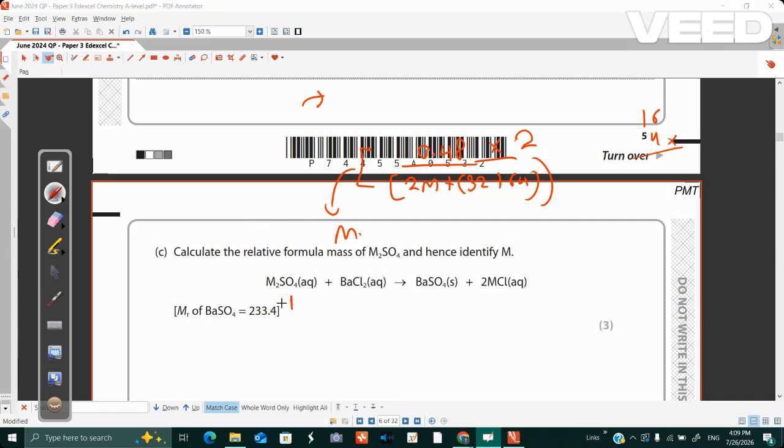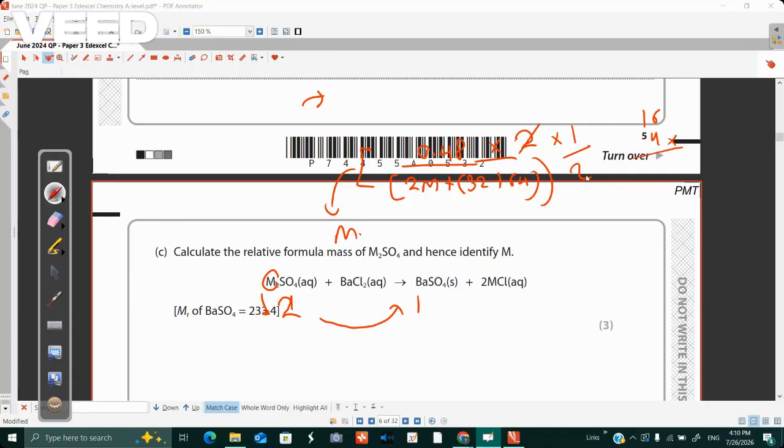With 2 moles of M, you can precipitate 1 mole of barium sulfate. So it means the ratio is 2 to 1. So half of this means this, right? So this is exactly the number of moles of barium sulfate.